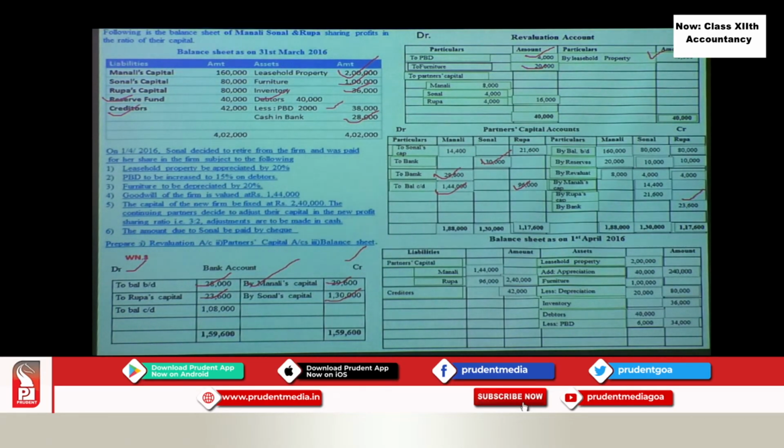And when the debit total is more, it is a receipt, so the bank balance increases. But here the bank balance has not increased, the overdraft has increased. I assume that you know the difference between the bank balance and the overdraft balance. So the overdraft is more, and here the overdraft is 1,08,000. So this figure will appear in the balance sheet.